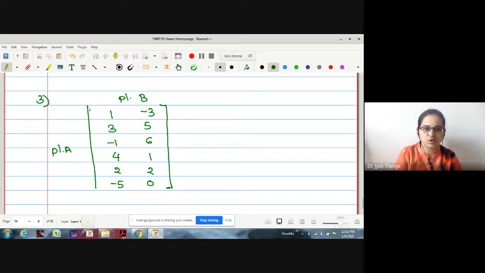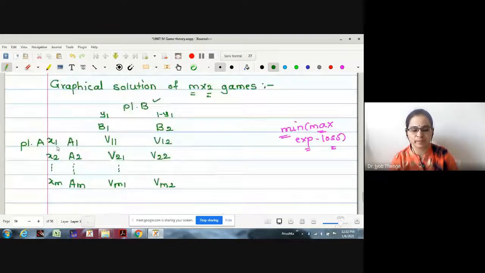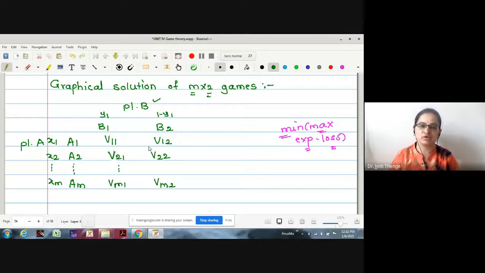Solve both the examples. Make a practice. They are very simple examples actually. And here we have completed our last point of the syllabus, graphical solution of m by 2 games.